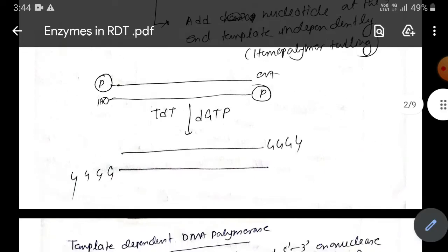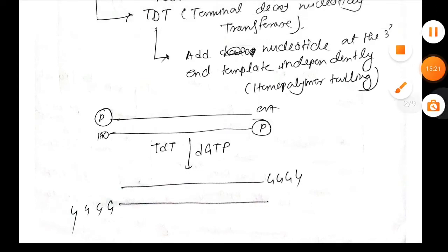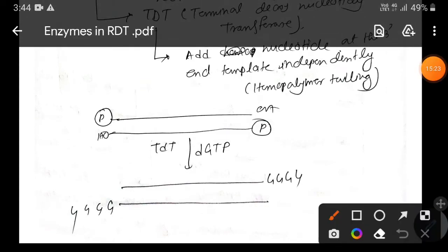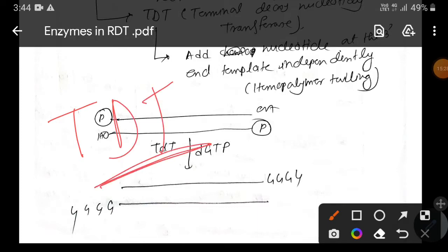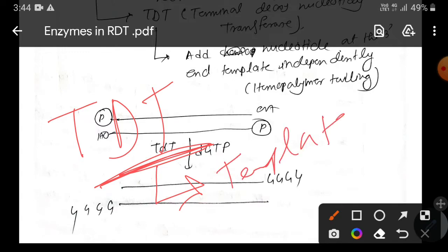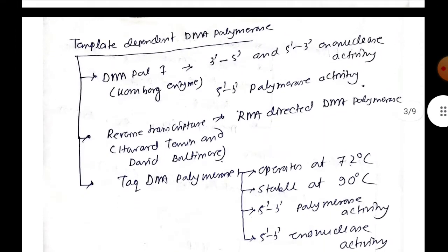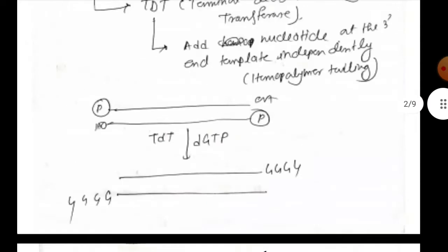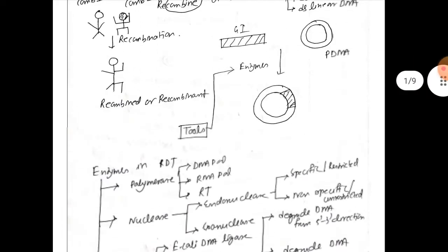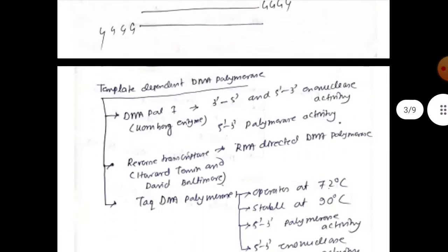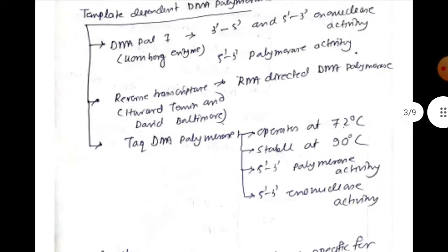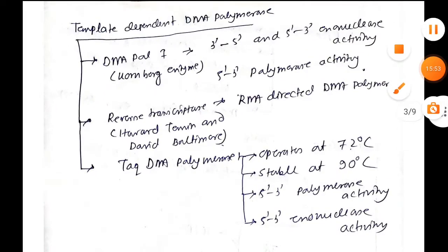Remember another thing very carefully: terminal deoxynucleotidyl transferase is an example of a template independent polymerase. You need to remember this very carefully. So that is the outline of all the enzymes that we are going to discuss in the next 7 pages. So let's discuss them one by one.